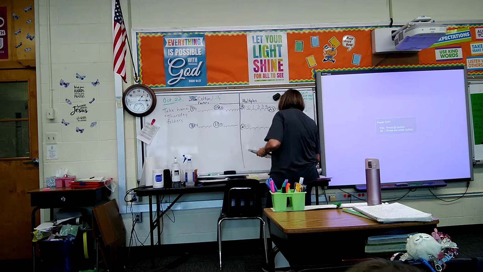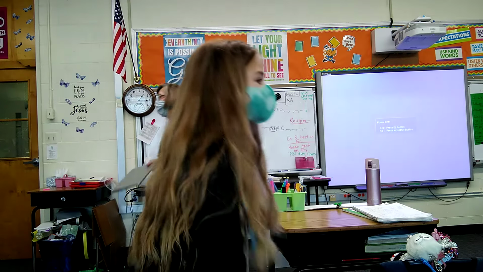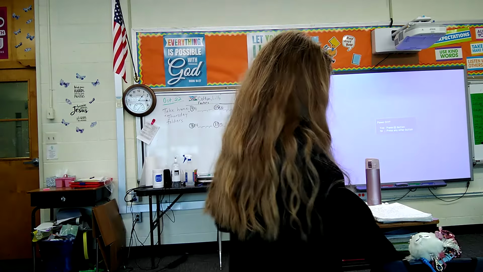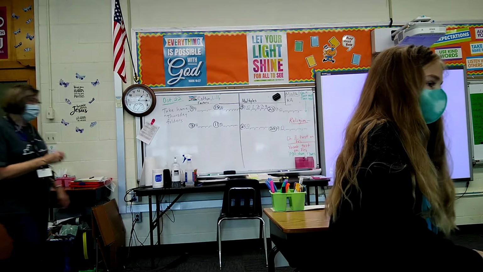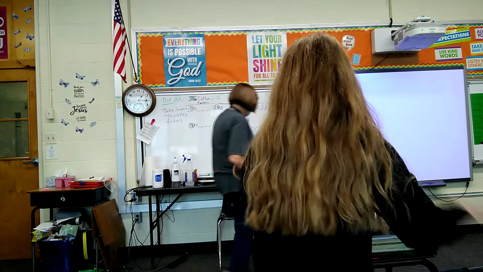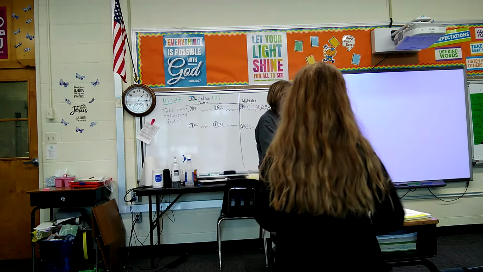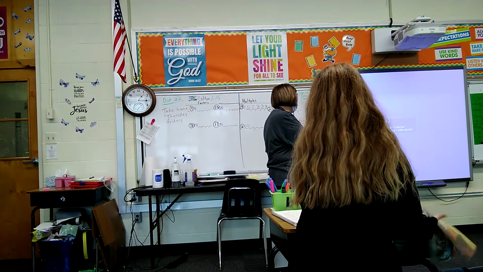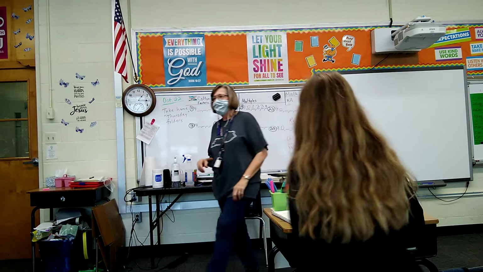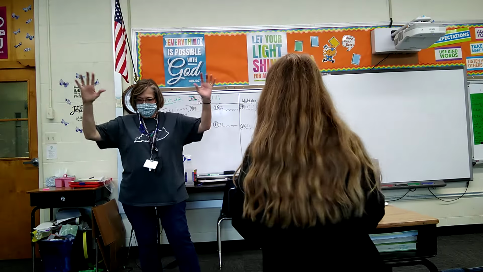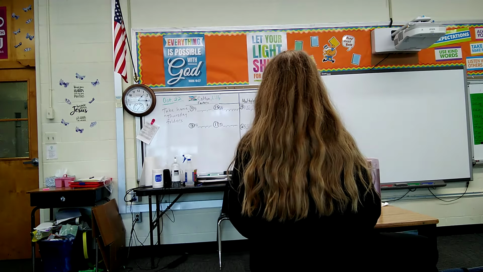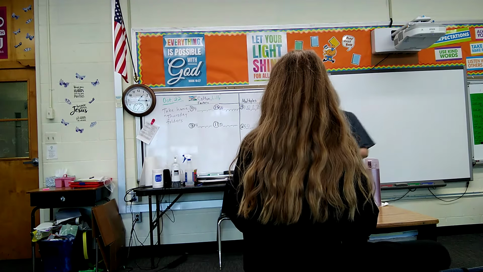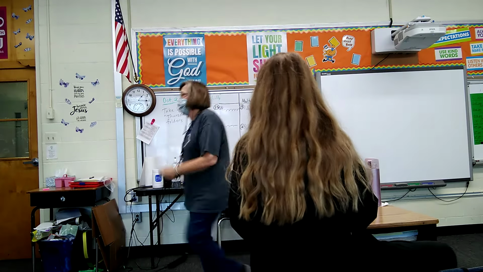Okay. Now, when I get to 0, I would like to do a little bit of multiple skip counting. Multiples are skip counting. Okay, 5, 4, 3, 2, 1, 0.